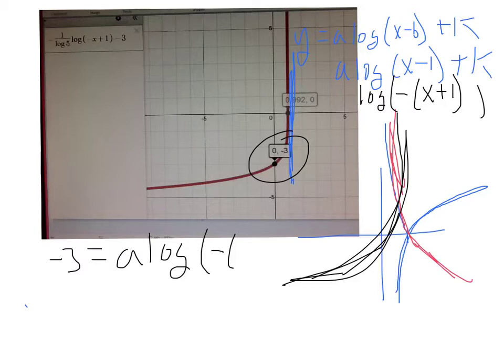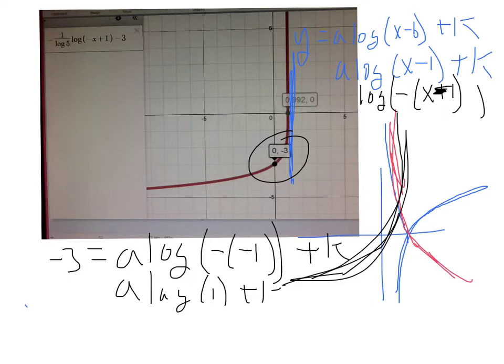Actually, that's negative, isn't it? This should be negative, not positive. Okay, so that would make that positive. That way that'll work. Plus k. So there, and then I'm getting a log of 1, positive 1, plus k. Well, log of 1 is 0. So that would tell me k equals -3. Check. So I've got that figured out.